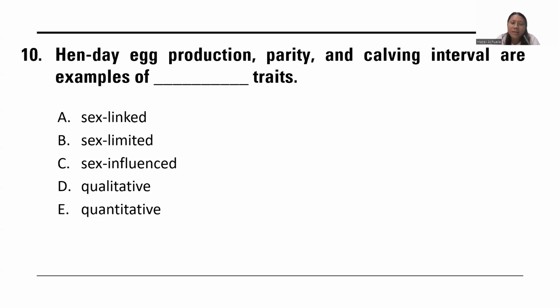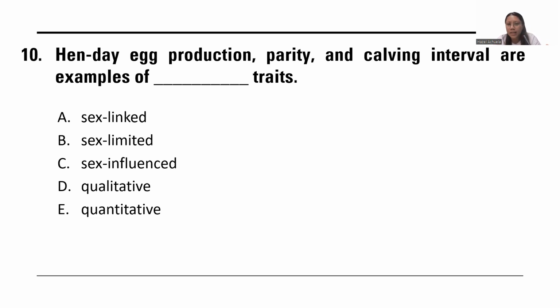And ang gene naman, controlling the expression of sex-influenced traits ay makikita sa autosomes. Autosomes or yung mga chromosomes natin present in our body cells or somatic cells. Yung sex-linked naman, yung mga genes ay present sa sex chromosome. Yung sex influence, the genes are in the autosomes or chromosomes in our body cells or somatic cells.